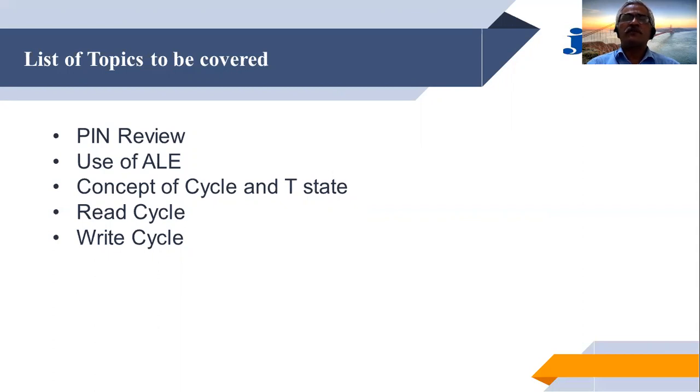Then we will see the use of the ALE signal, the address latch enable signal, and why it is so important in 8086. Then we will see the concept of cycles and T states. Then specifically we will discuss the read and write cycles of the 8086 microprocessor.